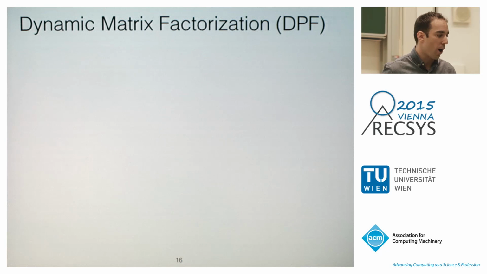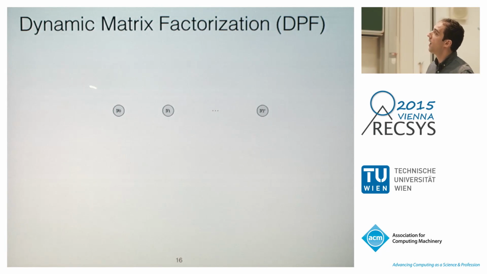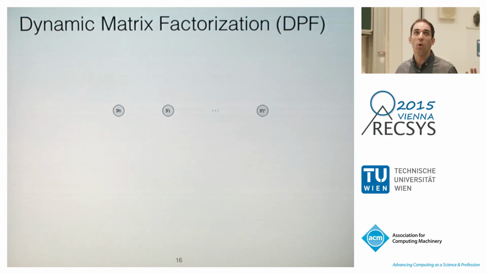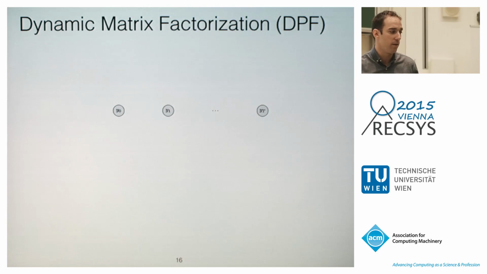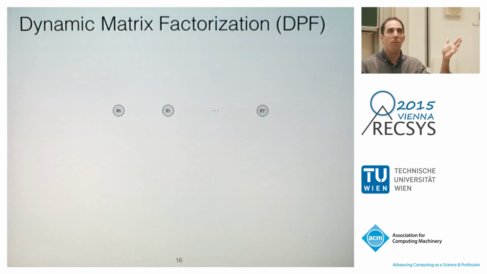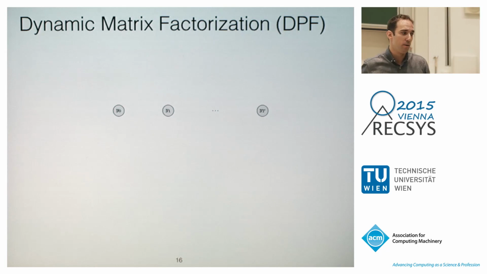Specifically in this model, we'll assume that time is discrete, right? So now instead of having a single observation with no time, you say that you discretize your time into big T bins or time slices. And what this means is basically you take your data set and you just bin it, right?